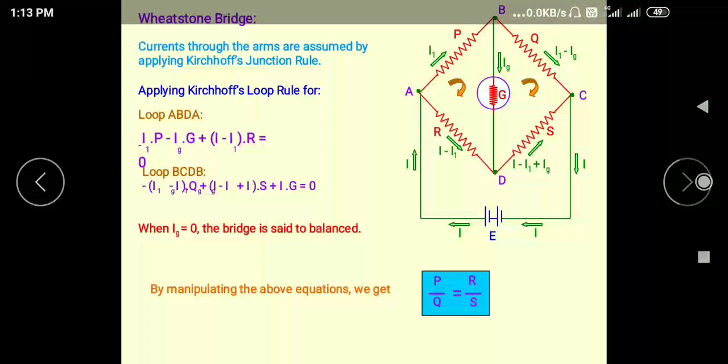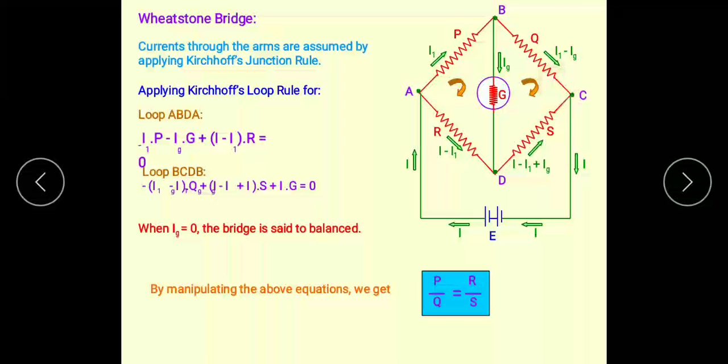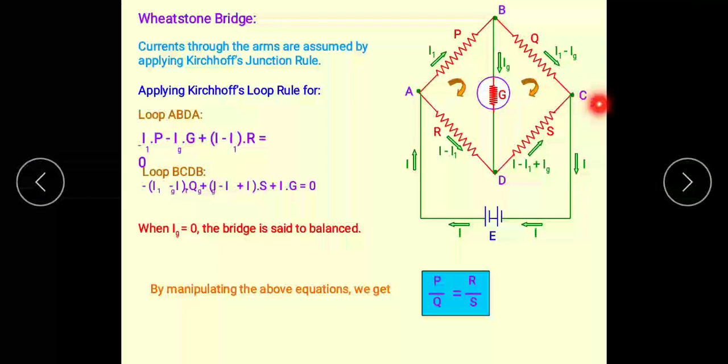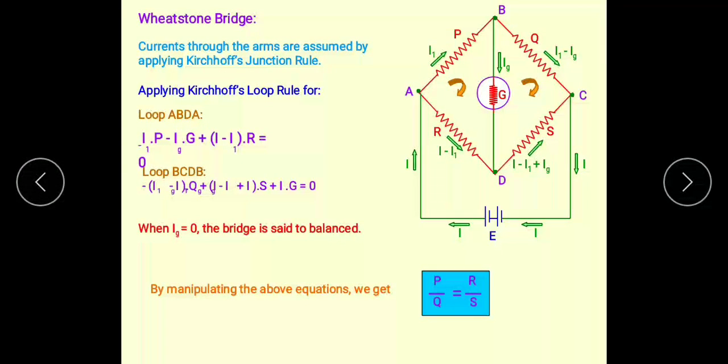If we want to calculate the potential difference from B to C, our direction of calculation is clockwise. Clockwise means B to C, C to D, D to B. So according to our calculation, we are going from B to C, and the direction of current is also B to C. So the potential difference will be negative.